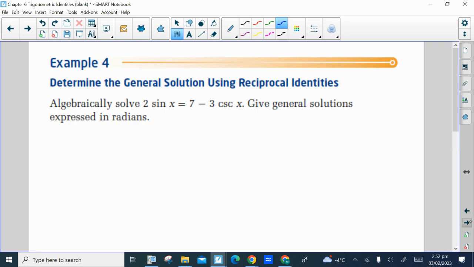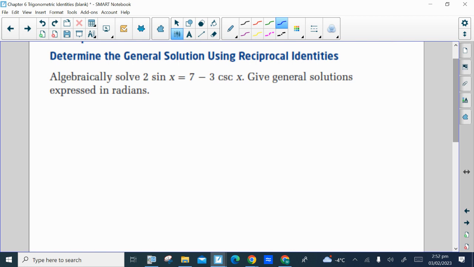So this next one, we involve a reciprocal ratio because we have 3 cosecant x, and cosecant is 1 over sine. So that's what I'm going to start with. I've got 3 over 1 times 1 over sine x.